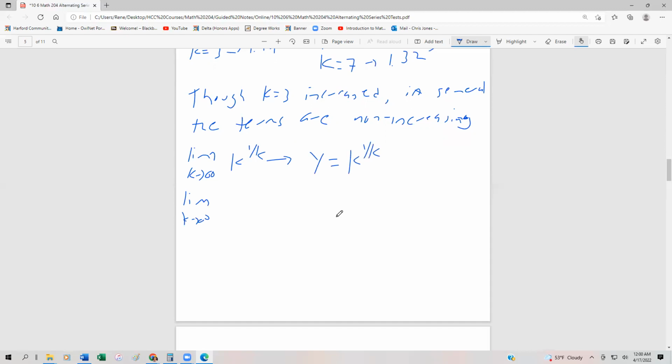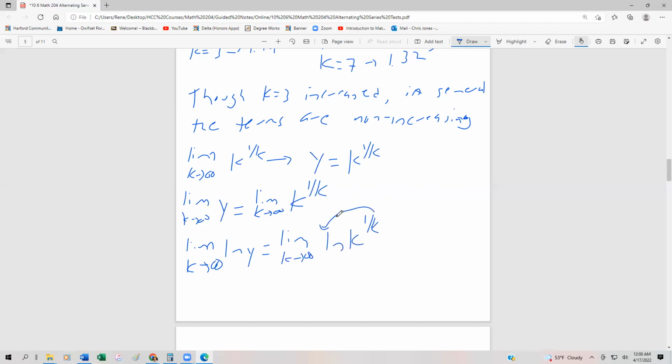All right, we might have done this in another section. And we're going to introduce a logarithm. So we're going to take the limit of y, which is equal to the limit as k approaches infinity of k to the 1 over k. We're going to introduce a logarithm. Okay, so the limit as k approaches infinity of ln y equals the limit as k approaches infinity of ln k to the 1 over k.